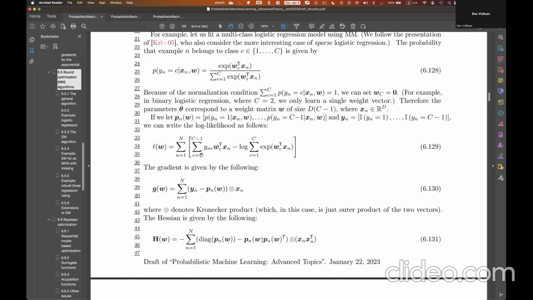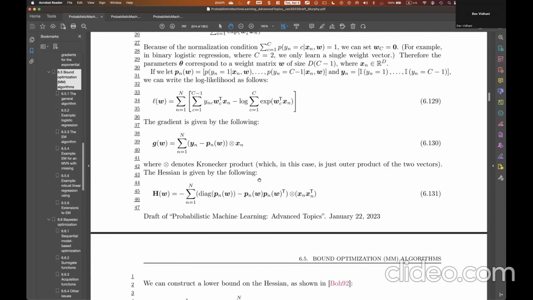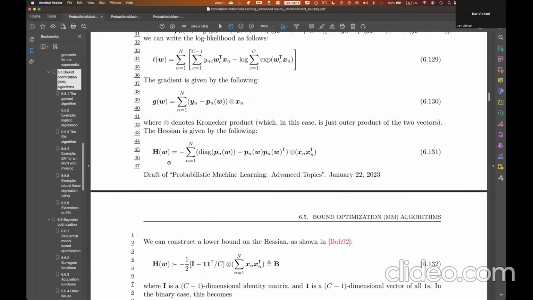So for the categorical logistic regression, you have the following function that you want to maximize, or in this case, the negative of this, the log likelihood. The Hessian for that example looks something like this.